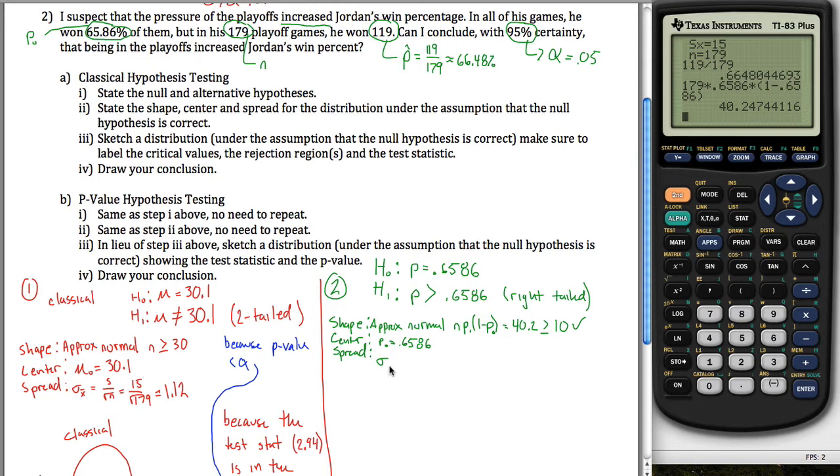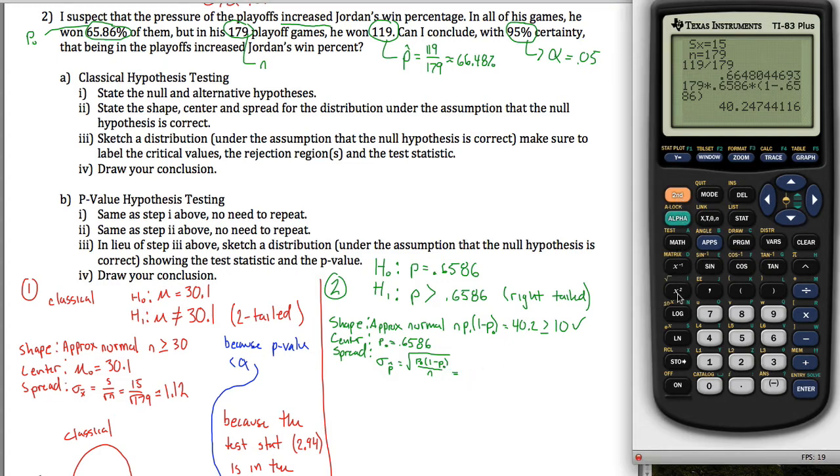Spread, sigma sub P hat. We used to have this formula that said that that was equal to the square root of P times 1 minus P divided by N. Again, we don't know P, but again, we're assuming P equals P naught, so we can change all these to P naught. And we could figure that out over here.